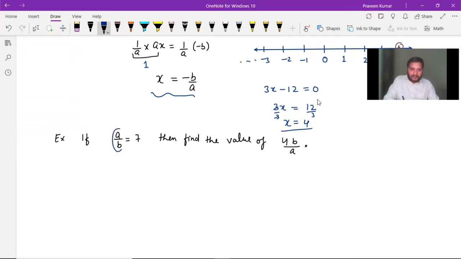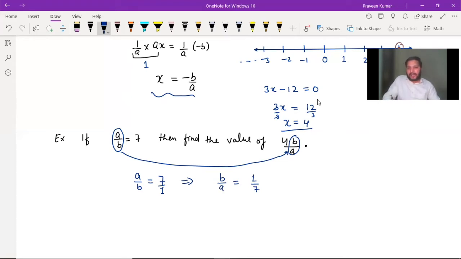We are given a by b and we are asked 4 times b by a. You can clearly see the reciprocal of a by b is b by a. So we will suppose a by b is equal to 7. This implies, taking reciprocal on both sides, the reciprocal of 7 is 1 by 7. So b by a will become 1 by 7.